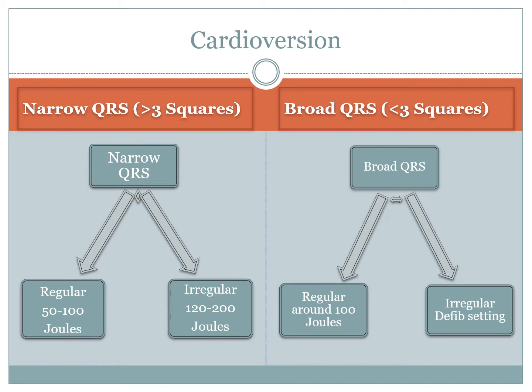A broad regular is around 100, and a broad irregular is basically your defib. So only when you have a broad irregular QRS tachyrhythm, you defib, and you don't have to worry about synchronization. The other three, you're generally looking around the 100 mark for the regular rhythms and 120 to 200 for the irregular. So that's cardioversion.